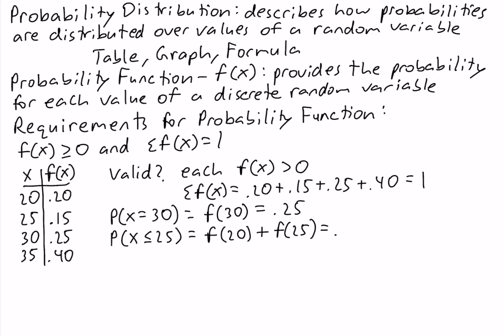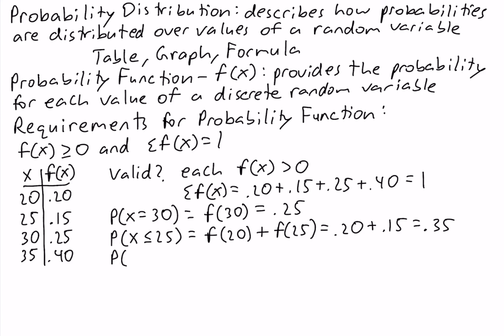So 0.20 plus 0.15, which is equal to 0.35. So the probability that x will be less than or equal to 25 is 0.35.